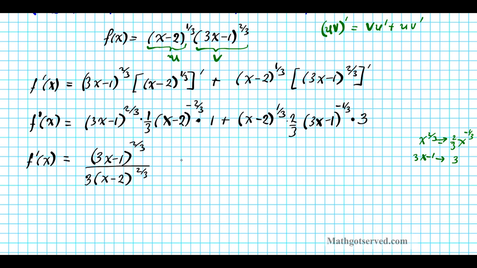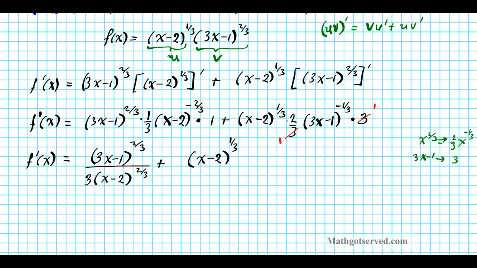Times 1 doesn't change anything. Plus we're going to apply the same idea here: we'll have (x minus 2) to the 1/3. Now notice we have a 3 downstairs here and a 3 upstairs here. Divide that out.